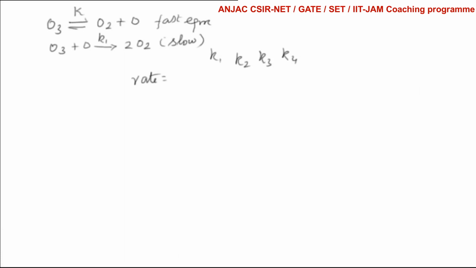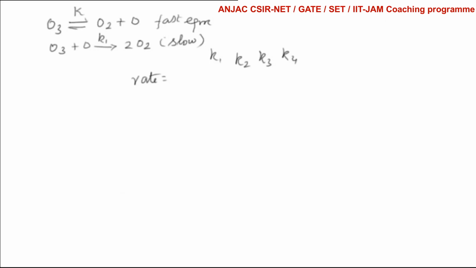Generally, the reaction takes place in multiple steps. The overall rate is not a sum of all these rates, but it is determined by the slowest step. Therefore, in a complex reaction, the rate determining step is nothing but the slowest step.